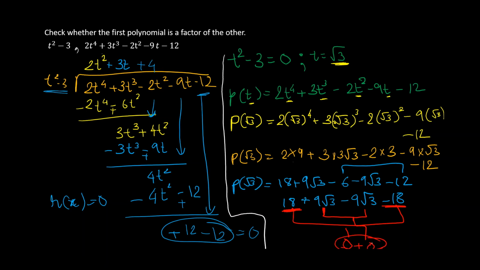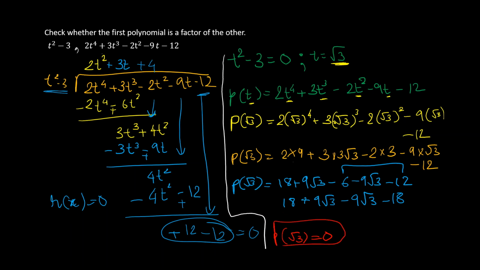Then we get our p of under root 3 as 0, which shows that our first polynomial divides the second polynomial. These are the two methods by which you can figure out if one polynomial is a factor of the other.